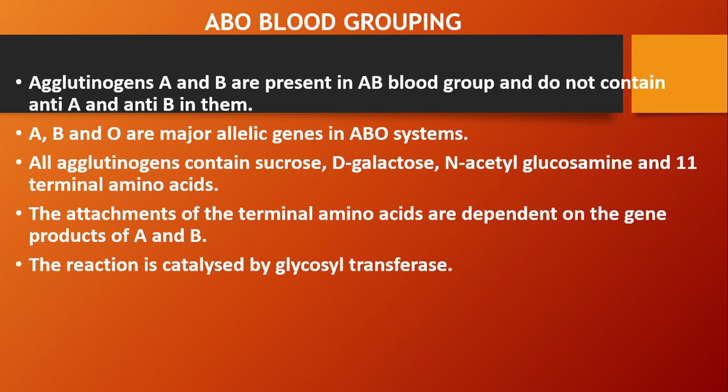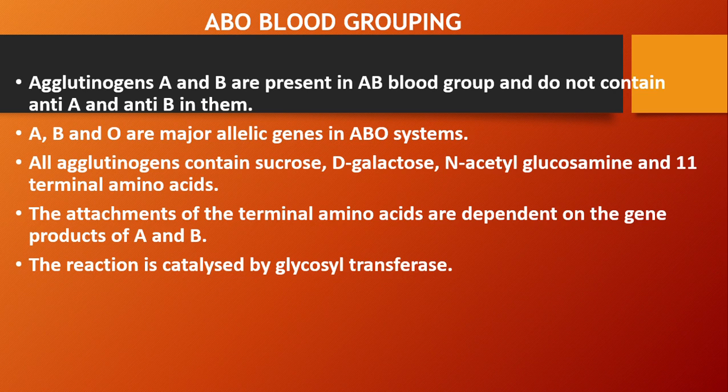So many stepwise reactions take place for the synthesis of A or B antigen. Many amino acids, called terminal amino acids, are required. These amino acids are attached to this galactose or N-acetyl glucosamine.